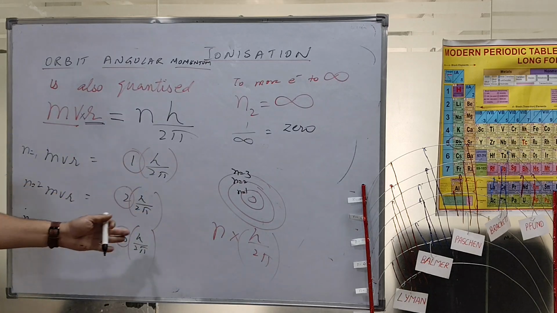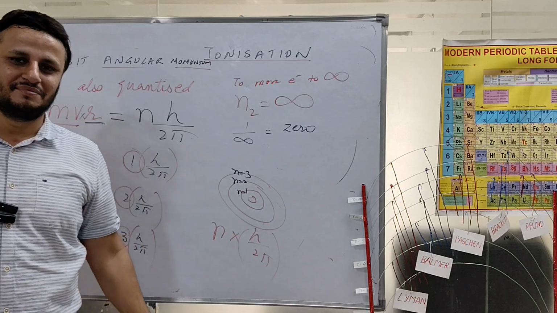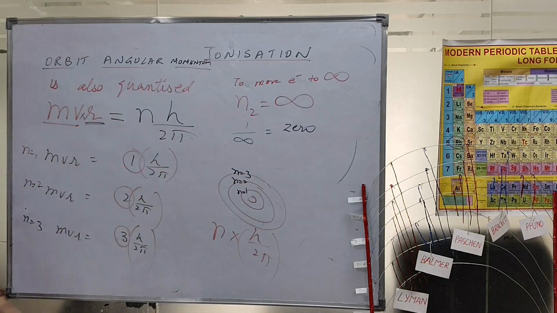All these prove the energy levels in an atom, and that led to the discovery of Bohr's model. This is orbit angular momentum.